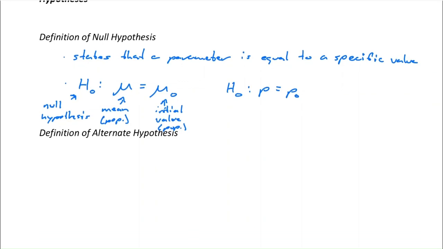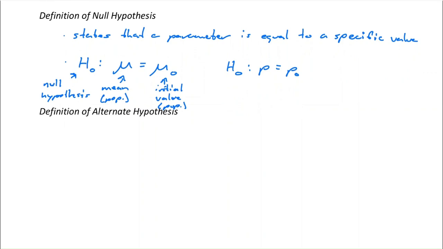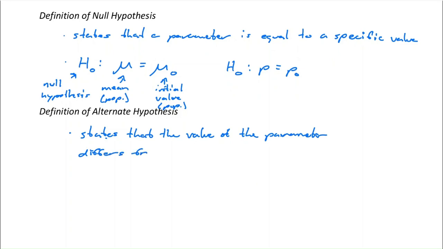And then we have the alternate or alternative hypothesis. And this states that the value of the parameter differs from the null, differs from H sub 0.